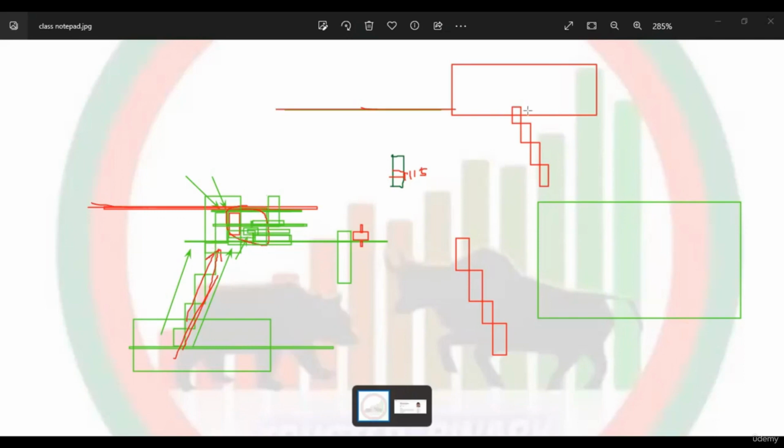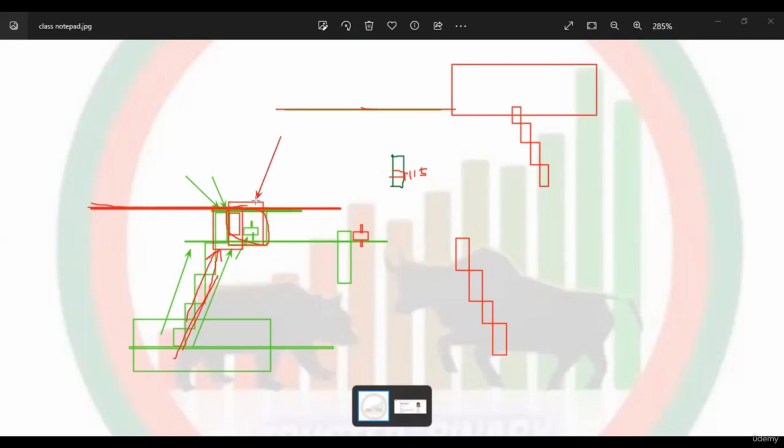When we see it's a seller's area, sellers are stronger here, and sellers have already created a pattern here. When this type of situation happens, and this candlestick is bullish but the pattern is bearish, you must focus on this area and this pattern.